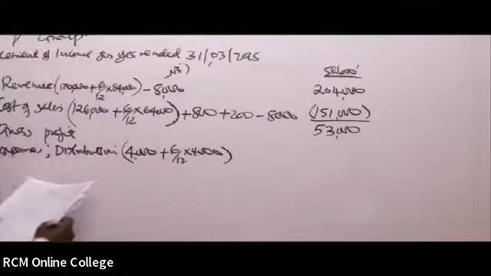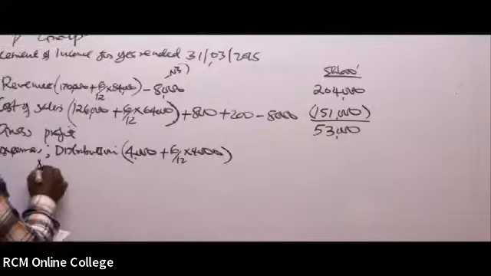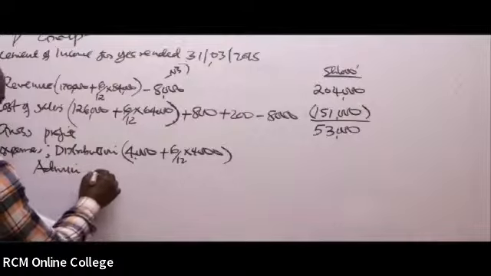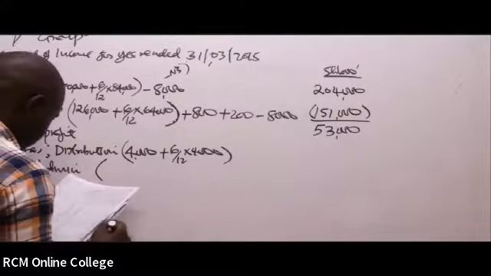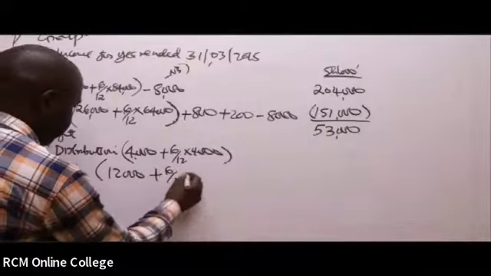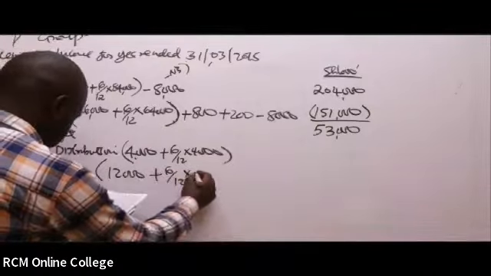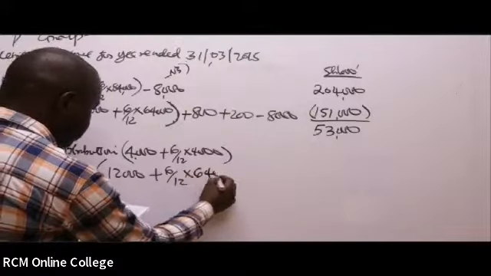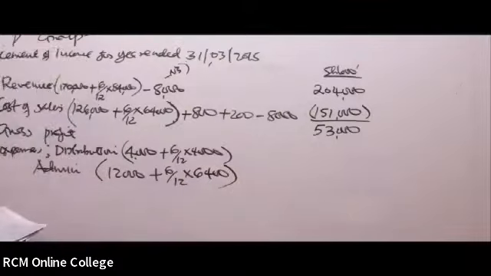Then you have administration expenses: 12 million plus 6 out of 12 multiplied by 6.4 million.